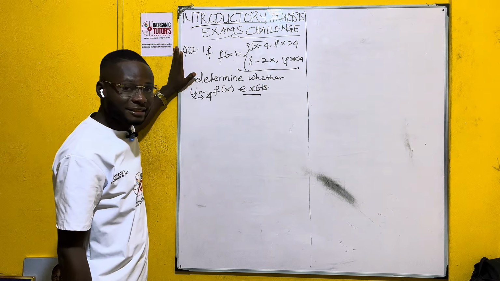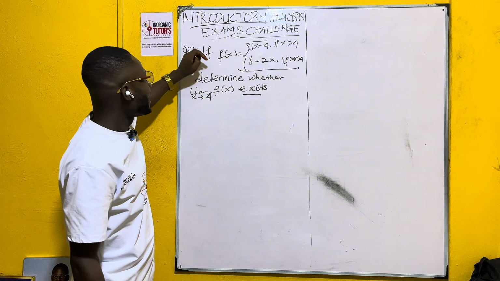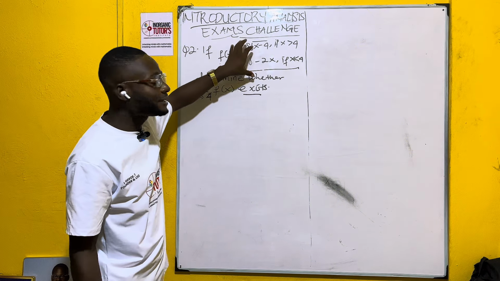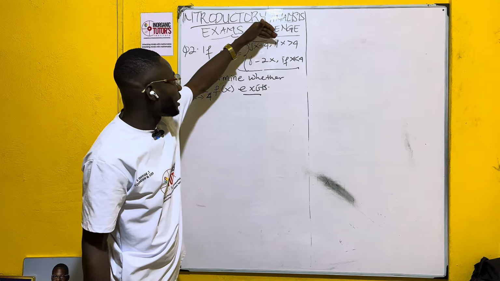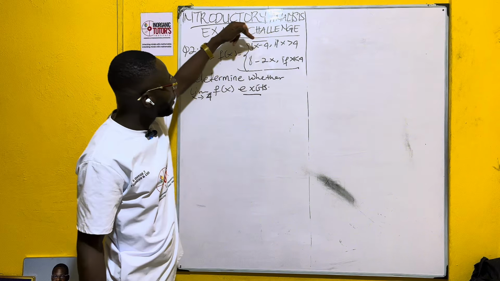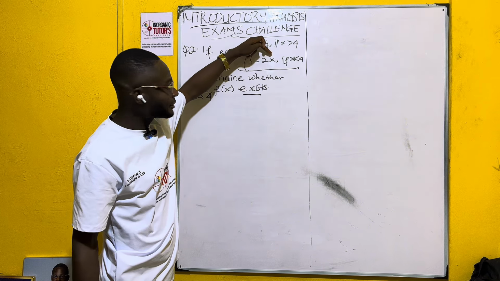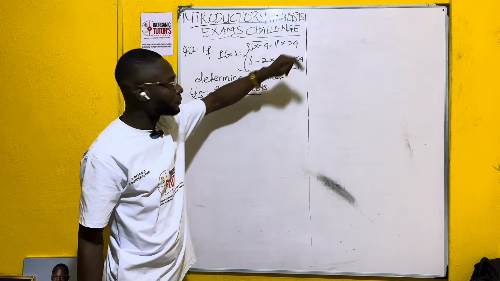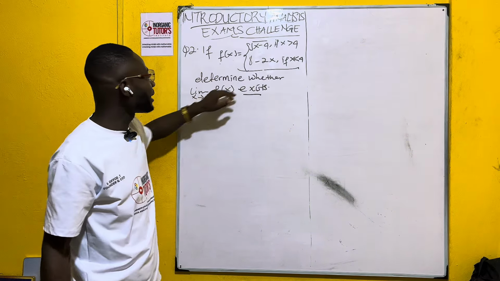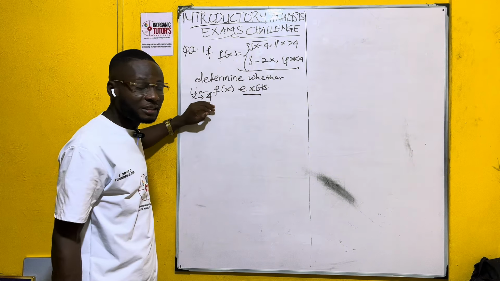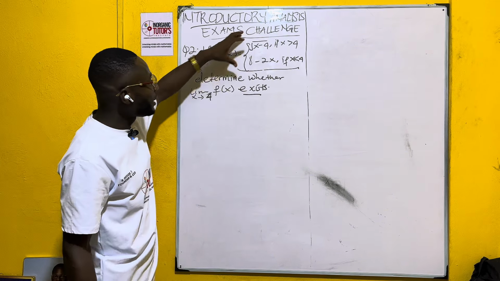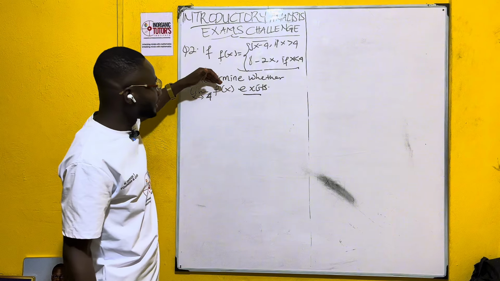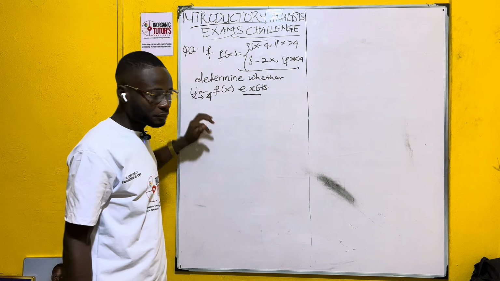Okay, so this is problem number 2, right? If f of x is equal to this piecewise function, square root of x minus 4 if x is greater than 4, and 8 minus 2x if x is less than 4. Now, we want to determine whether the limit of this function exists as x approaches 4.